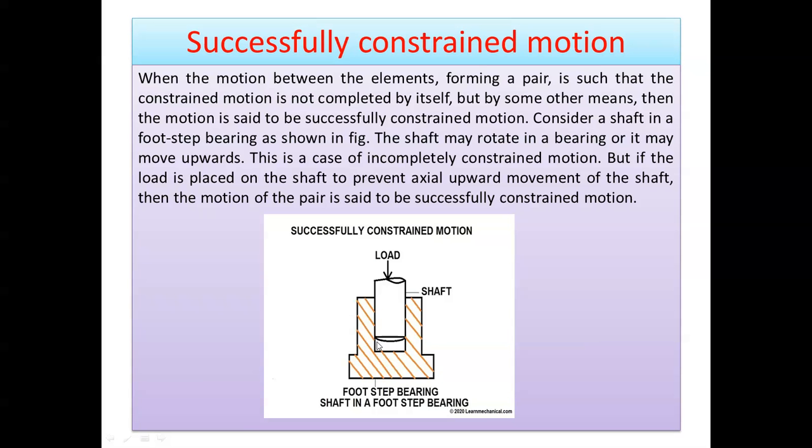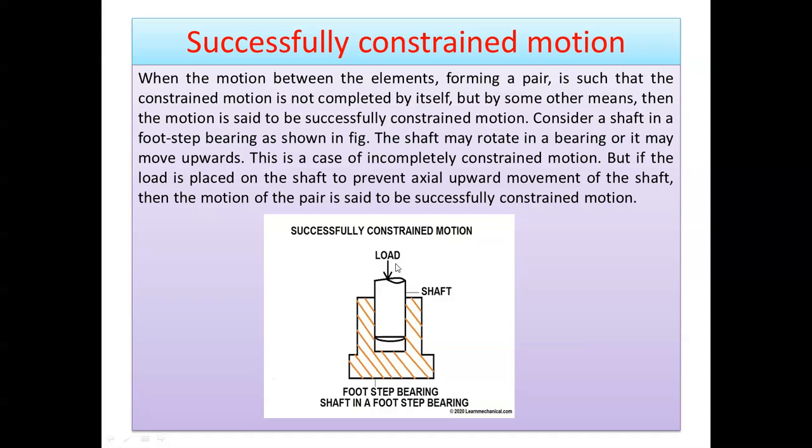So in this, when the motion between the elements forming a pair is such that the constrained motion is not completed by itself, you can see that two motions are there, in two directions. One is moving upward and downward as well as rotation. So this will be incompletely constrained motion.